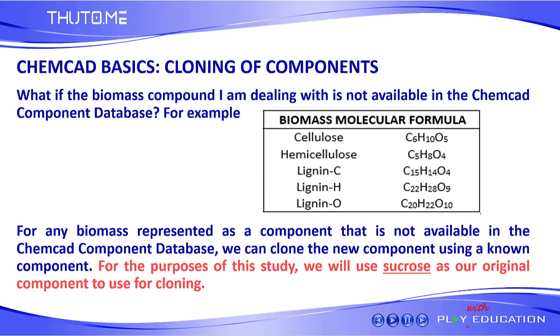We can adjust them if we want to, but for the purposes of this design, we are going to leave them all the same, that of sucrose. The only thing that is going to change is the molecular formula and the molecular weight.